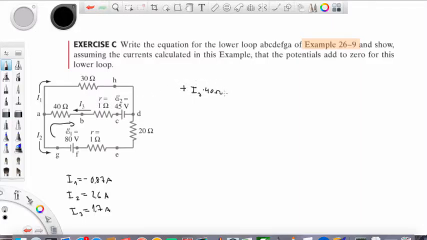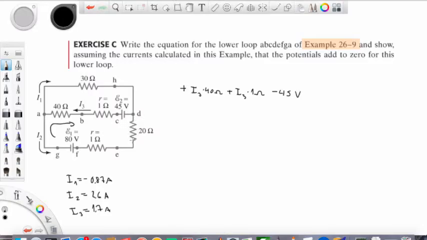The resistance is just different, so again we add voltage: I3 times 1 ohm. Now we are at point C, and when we go across the battery from high to low, we drop voltage. So we have to subtract 45 volts.